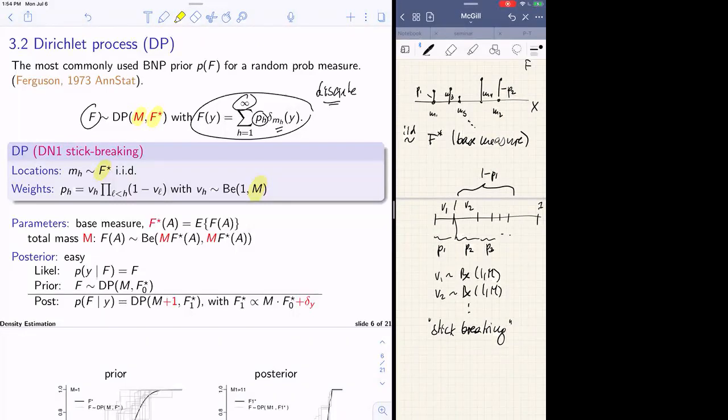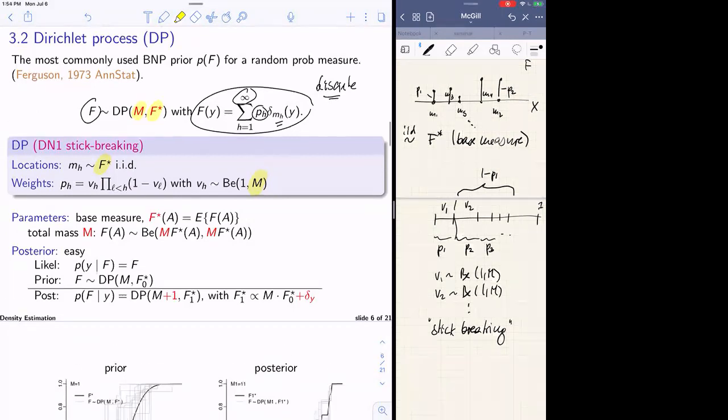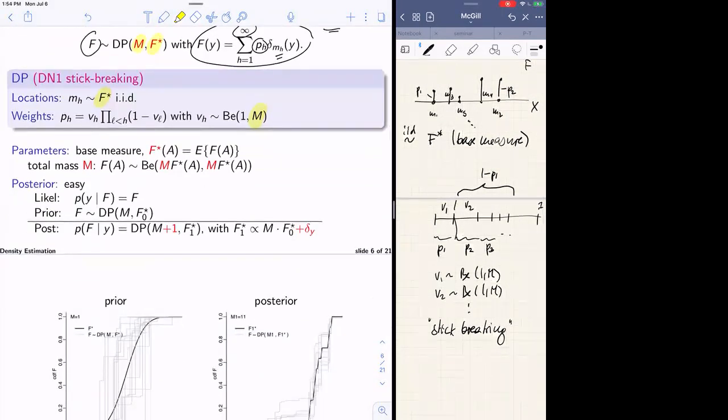And another reason why the Dirichlet process is so popular is that posterior updating is also as easy as it gets. Well, I should be more specific. Under IID draws, so if you have a density estimation problem, if the likelihood is that we are drawing Y from F, that means P of Y given F is simply F of Y.